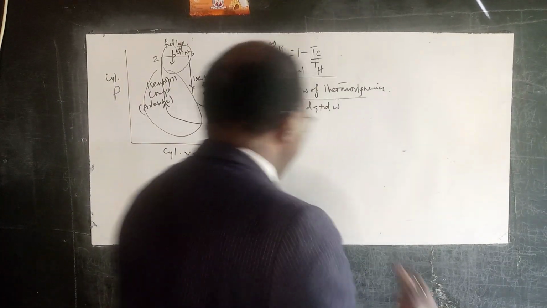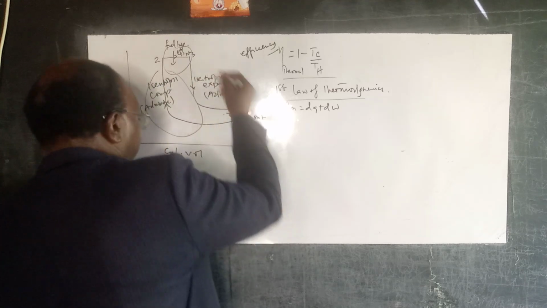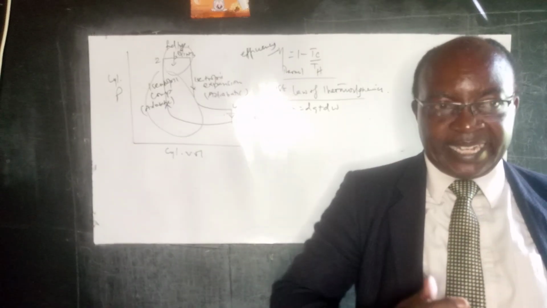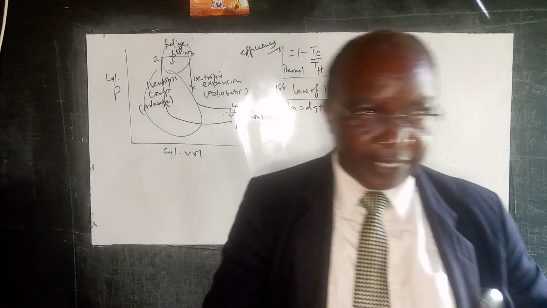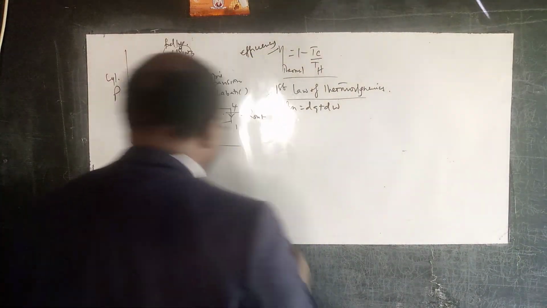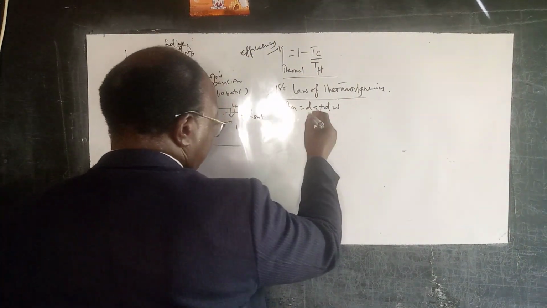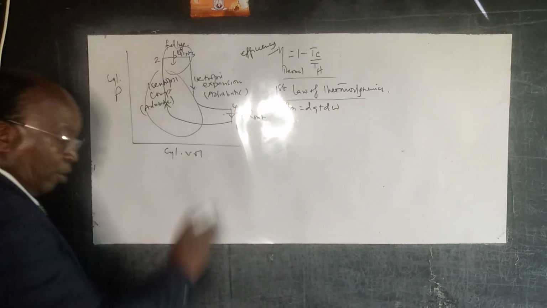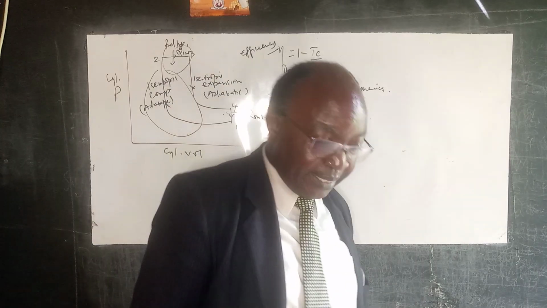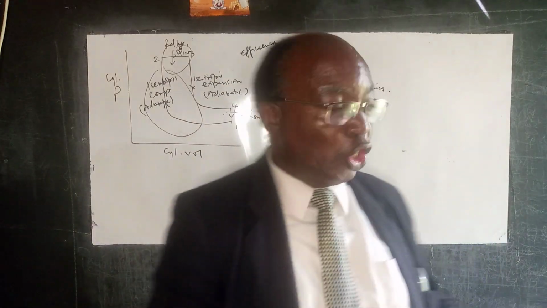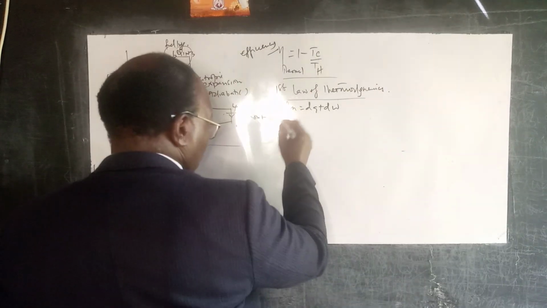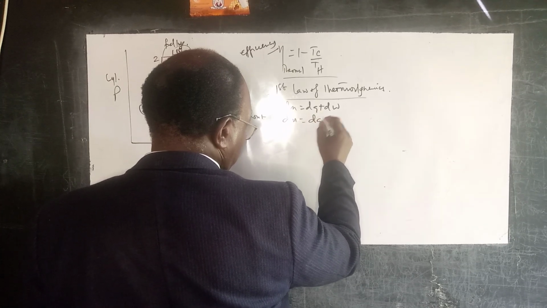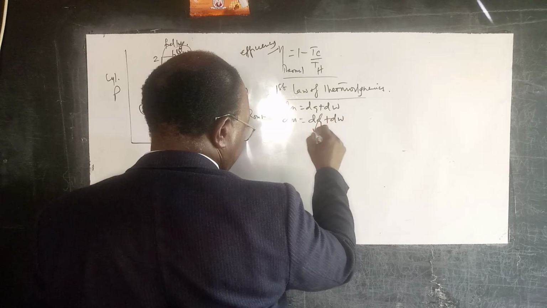We have said that if we assume the fluid in this system behaves like an ideal gas, then we can use the characteristic equation of ideal gases, PV equals nRT. And also we realize that isentropic compression is an adiabatic reversible process. So dQ is 0. Therefore dU equals dQ plus dW, and that is just dW.